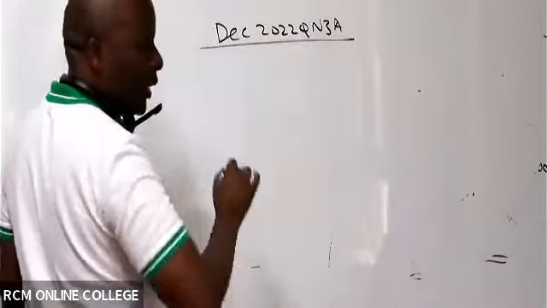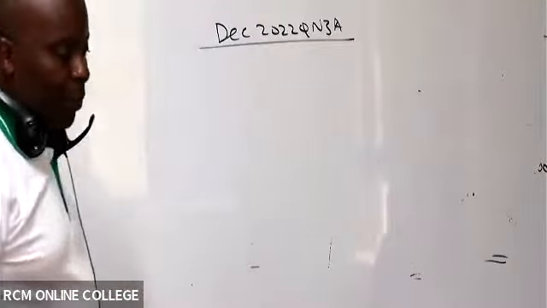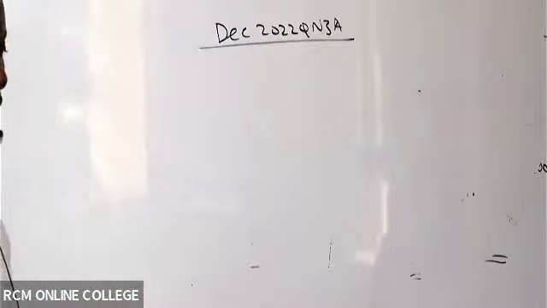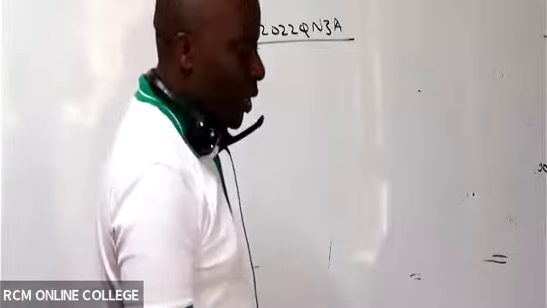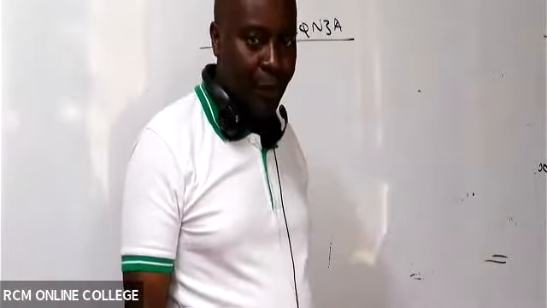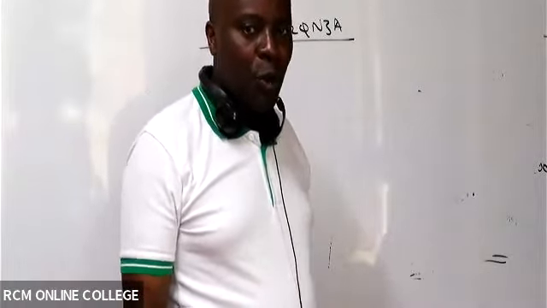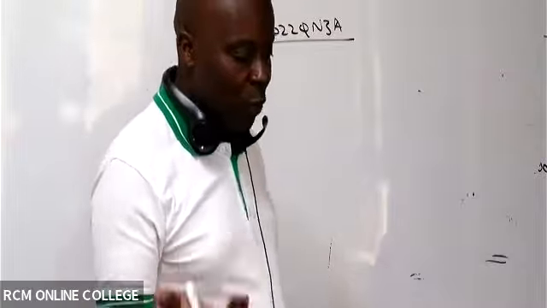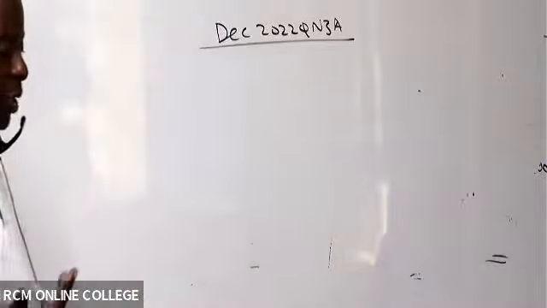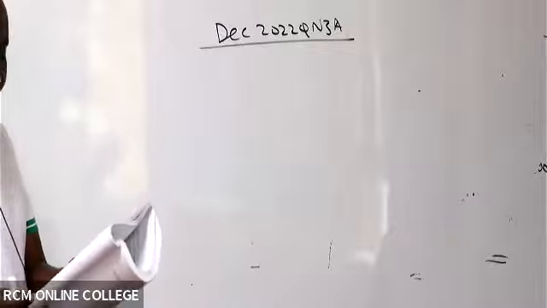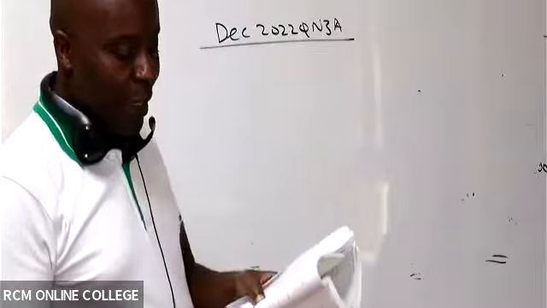December 2022, question number 3A. They asked us to use life cycle costing, and then number 2, use accounting rate of return. And of course, as usual, you can take a screenshot and send that screenshot to the group.